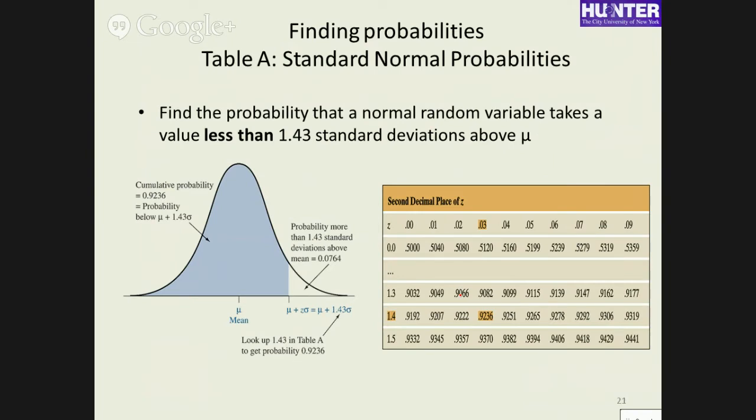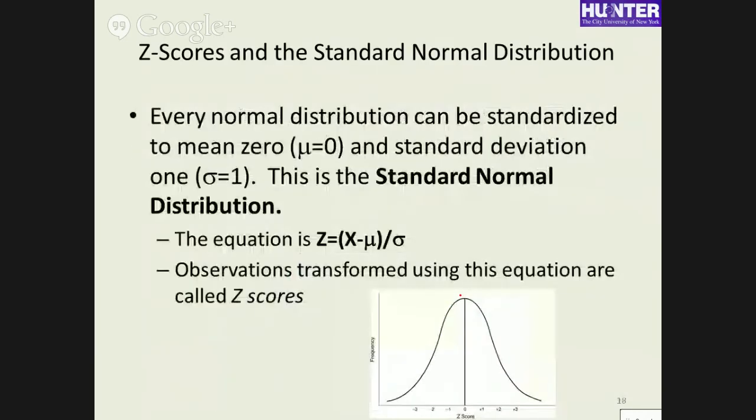Yes, question? If we can go back to slide 18. And the equation on slide 18. That X there, is it a probability of an event, or is it something else?